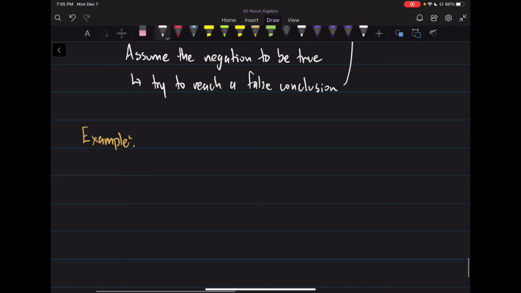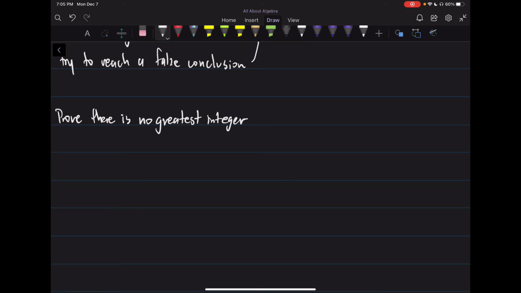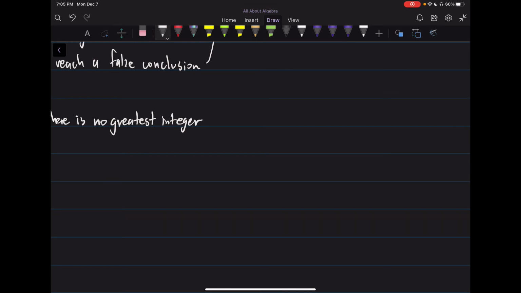So this can be a little bit confusing, but hopefully we can figure it out. So let's say that we have a statement that says, prove there is no greatest integer. So prove by contradiction. So we're trying to prove that there's no greatest integer.